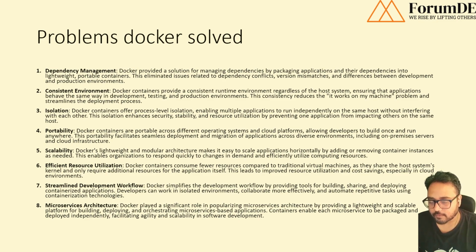Even though services are running on the same host, they are running in different containers, so they're isolated from each other. It allows portability. It allows you to move containers from a Windows machine to a Linux machine or a Mac OS machine, and software behaves the same. And it allows scalability. When you see the load on a container is high, one can spin up a new container to share the load.